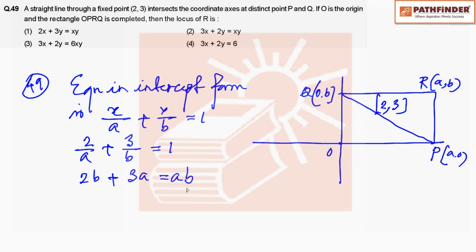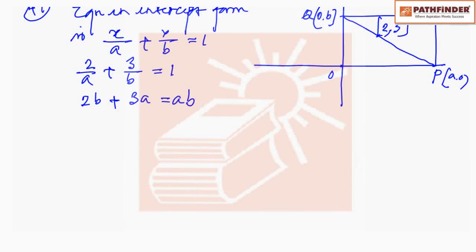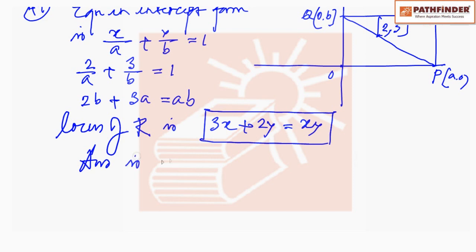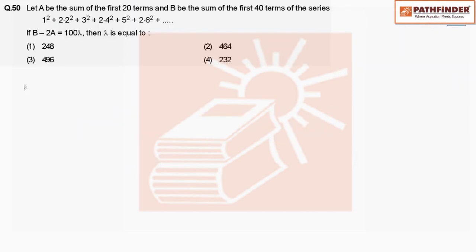So they are asking the locus of R. Now R has abscissa A and ordinate B. So locus of R is 3x plus 2y equal to xy. So this is the locus of R, and the answer is 2.